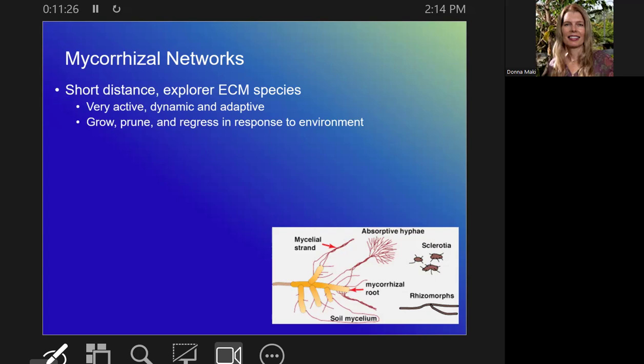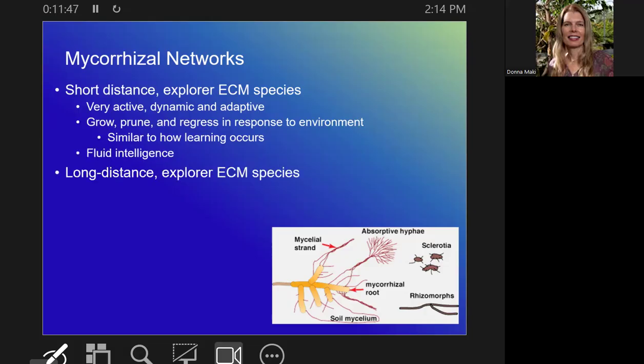And so it's very dynamic in terms of their foraging and adjusting their growth and behavior depending on the patchiness of the soil. And she makes the analogy that's what our brain's doing when you're going through the learning process. You do weed out things that you don't use anymore and lay down new networks for things that you do.